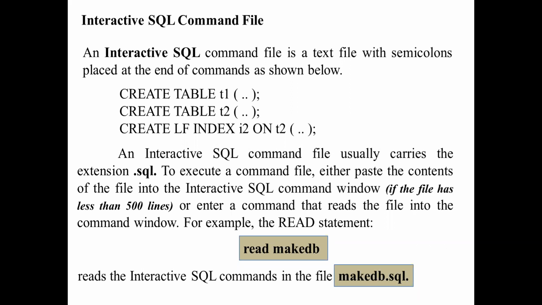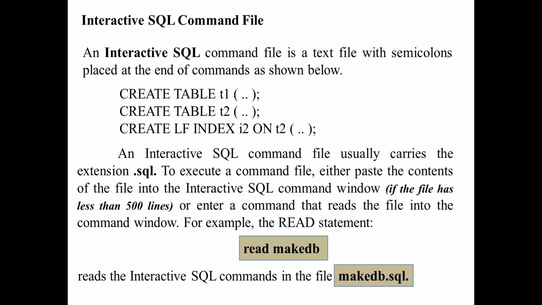So what is the extension of DBI SQL? It is .sql. When we execute this command file, we can just paste the content of the file into the interactive SQL command window, or we can enter the command to read the file into the command window, using the read statement.